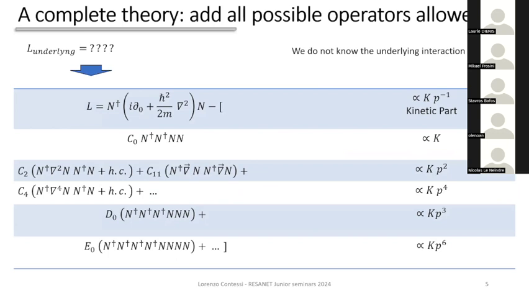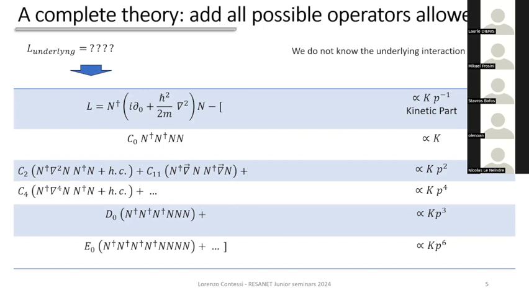Now, this is the hard part. So I warn you, there will be some Lagrangians. I will try to pass quickly through the diagrams, which are easier because they are pictures. But the idea is that you have a Lagrangian. This is the only hard part. So you have a Lagrangian that is the underlying Lagrangian, if this makes sense, and you don't know what it is. So essentially, you try to expand this Lagrangian in orders.